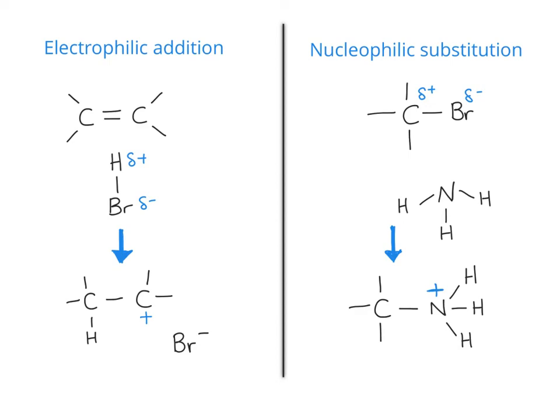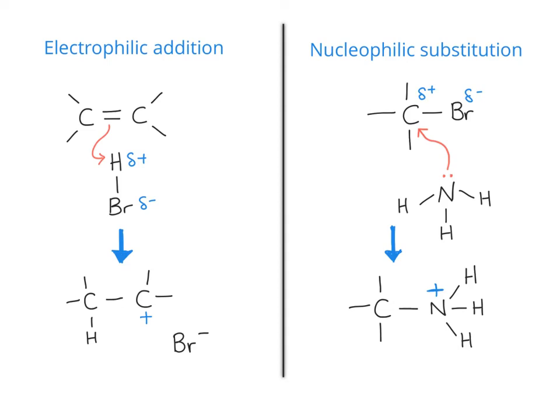Both of them are going to have a pair of electrons moving from an area where there is a spare pair of electrons in towards a delta positive. In the electrophilic addition mechanism, that spare pair of electrons is the pi bond, and in the nucleophilic substitution reaction, the spare pair of electrons is a lone pair on the nucleophile.